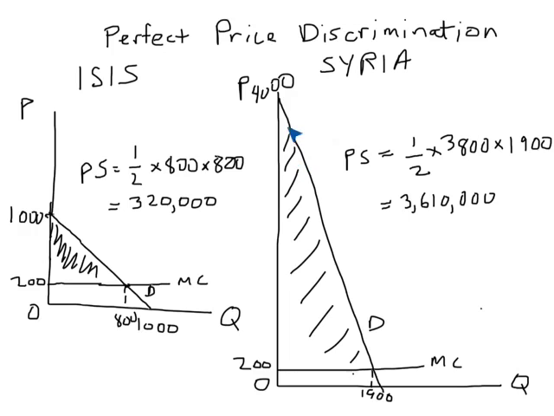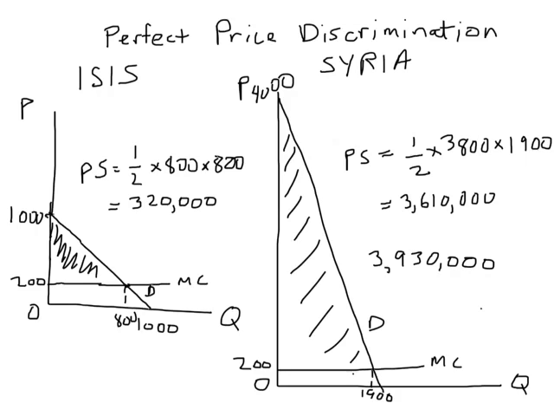For Syria, it's the same deal. They can get the reservation price for every rocket launcher under this scenario, so it's the area under this demand curve and above the $200 marginal cost. And when you multiply that through, you get producer surplus from Syrian sales, 3,610,000. And then you add those together, you get, if I've done my math correctly, 3,930,000.